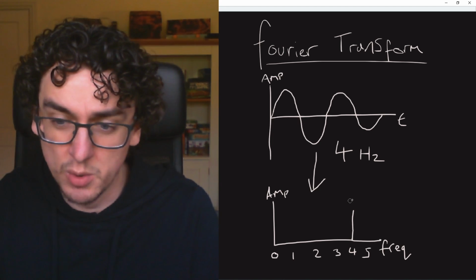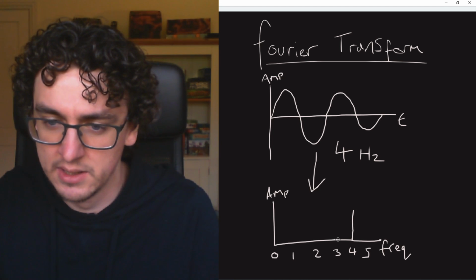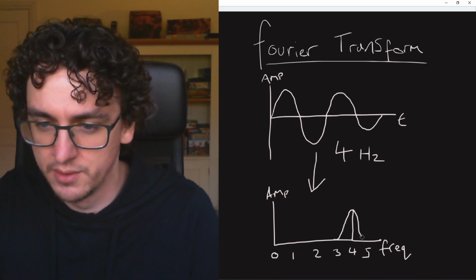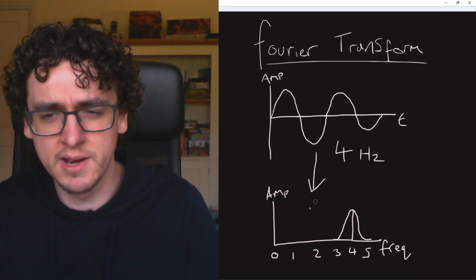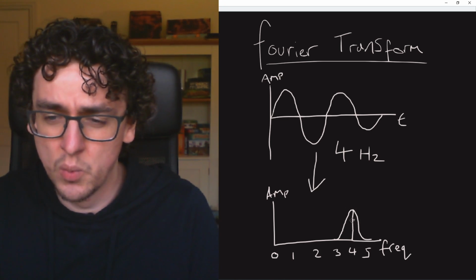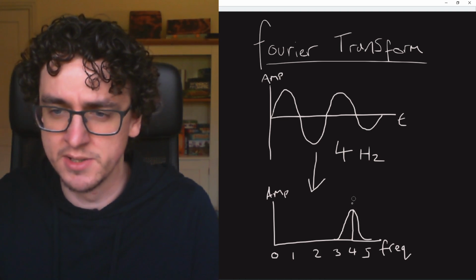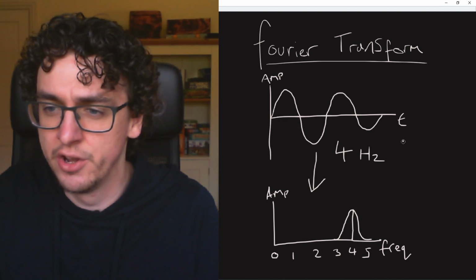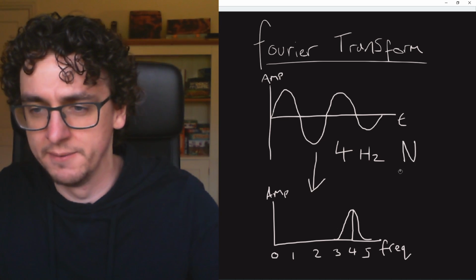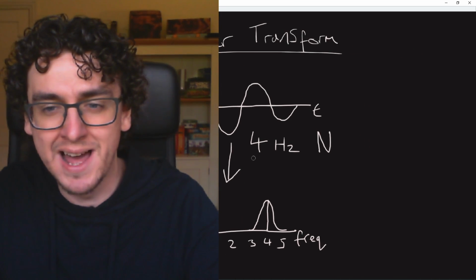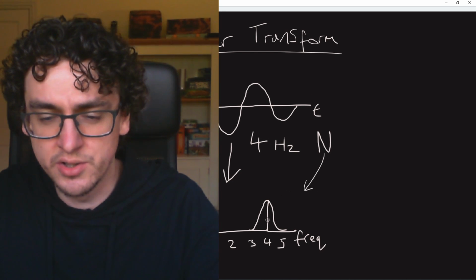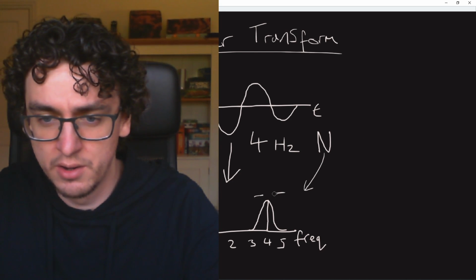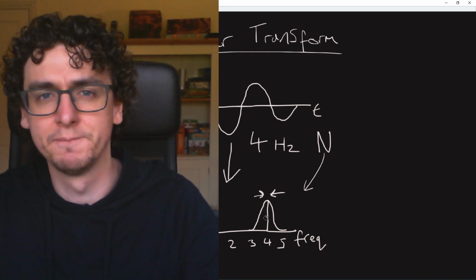Now in reality, what we actually end up seeing is more of a curve around 4, due to the uncertainty principle, and I'll try and get into that. But basically, how certain we are about a certain frequency depends on the number of samples we have, big N. So the more samples we are able to analyze, the more this curve will squeeze in and become more and more like a spike.